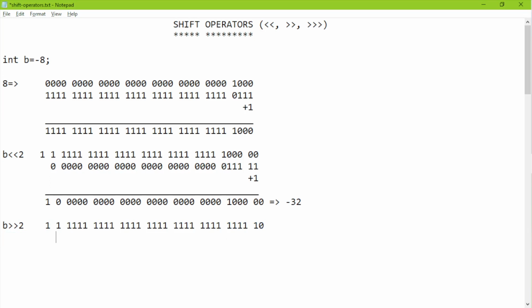First step is to convert all zeros into ones and ones into zeros. Now we have taken the inverse of the bits. With this we have to add plus 1.